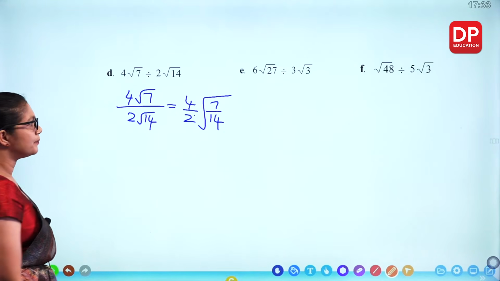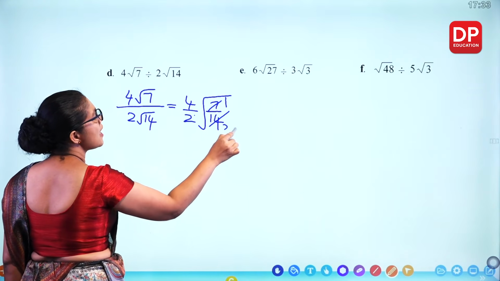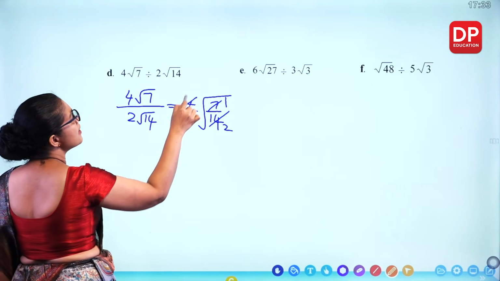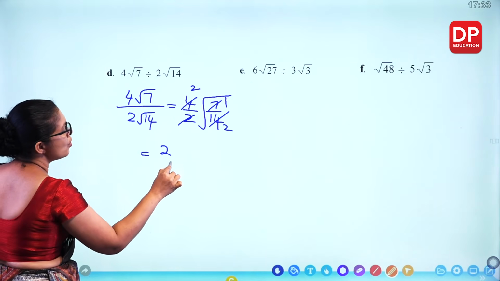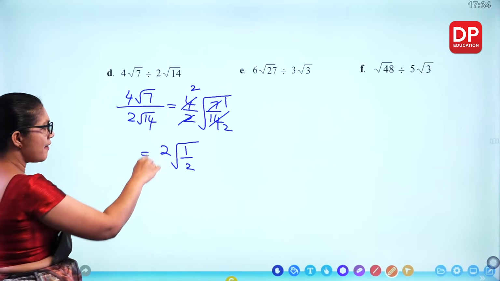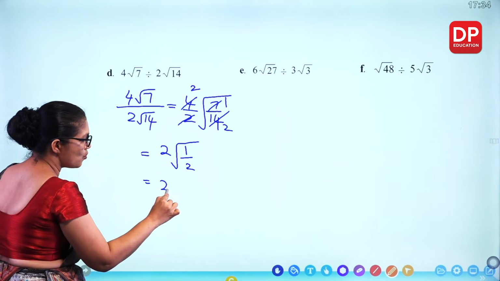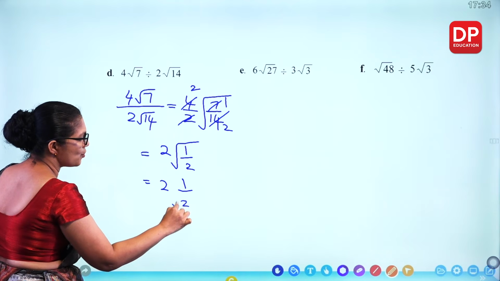Then simplify. What am I getting? 7 times 1, 7 times 2. 2 and 4, you get 2 here. So the answer is 2 square root of 1 over 2. Now I can rewrite as 2 square root of 1 is 1, and square root of 2.